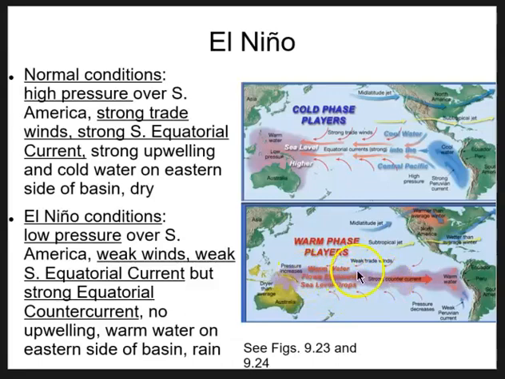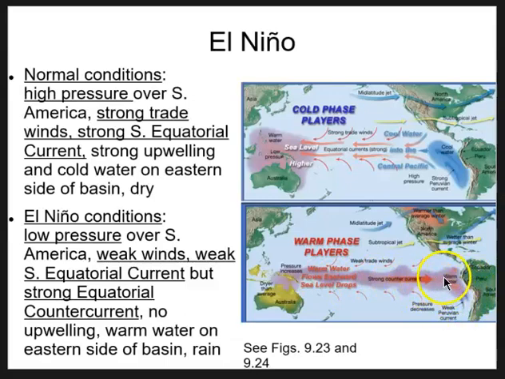It moves in the opposite direction from the equatorial currents. So it actually moves from the west towards the east. So if these other currents aren't going very strong, this one takes over. It brings with it warmer water from the western side of the ocean basin to the eastern side of the ocean basin. And that results in downwelling conditions instead.